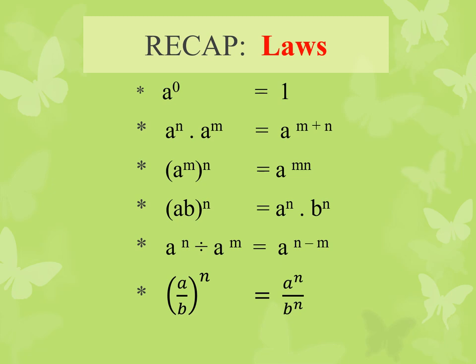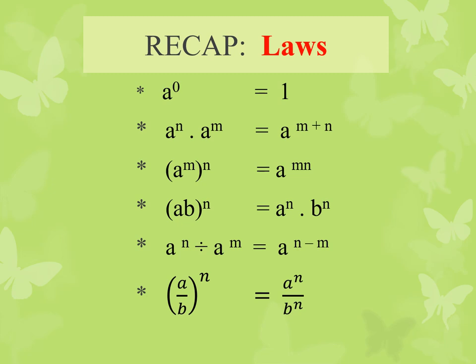Also, we must remember that a exponent m all goes to exponent n. What we do, we distribute your exponents such that it will be a exponent m times n. That's why it's a exponent mn. And also when you've got two bases that are not the same, a times b, all exponent n, you can now distribute the exponent to each base such that you have a exponent n multiplied by b exponent n.